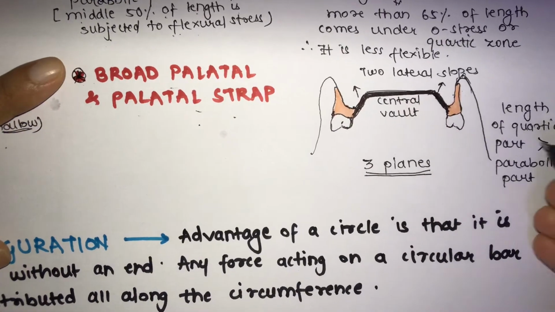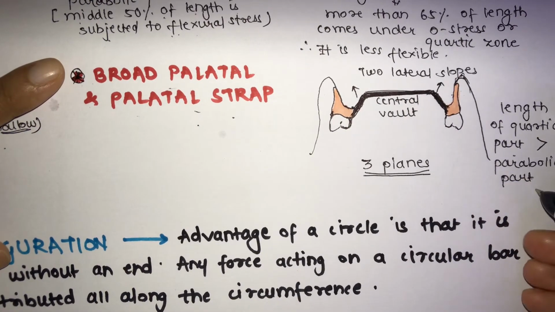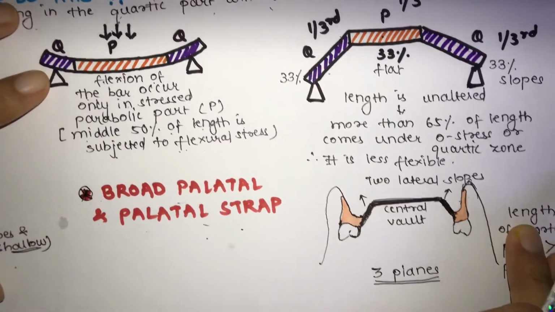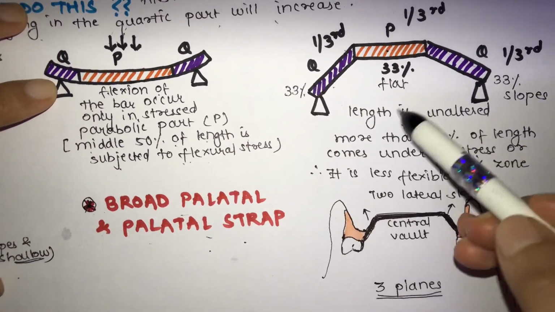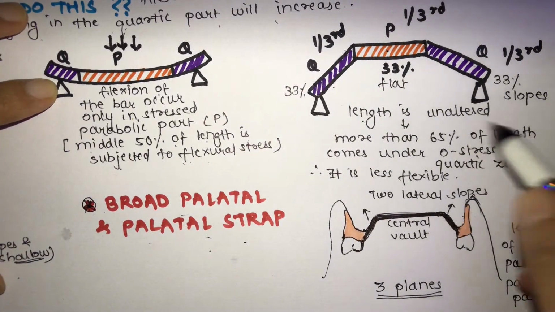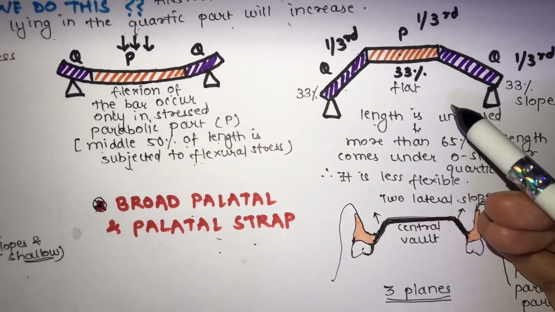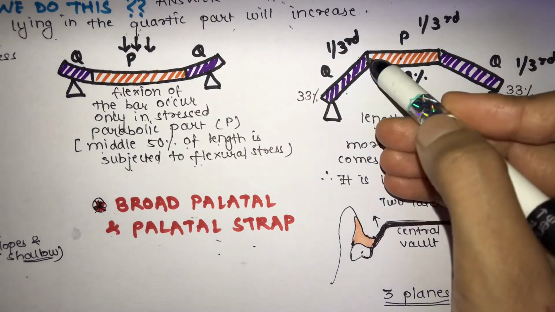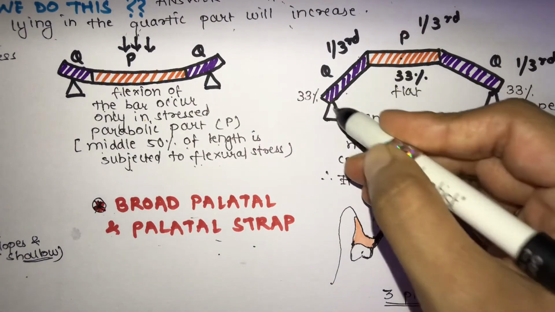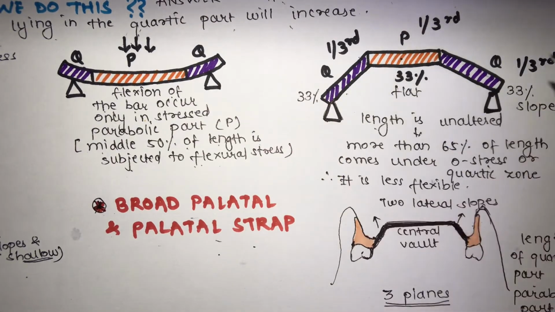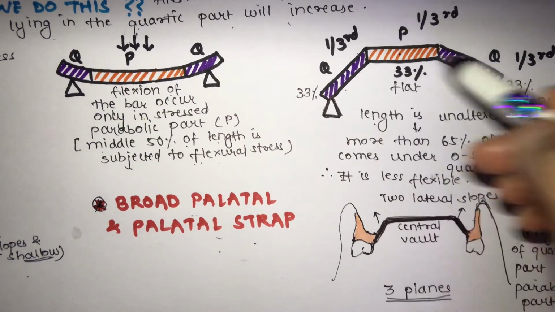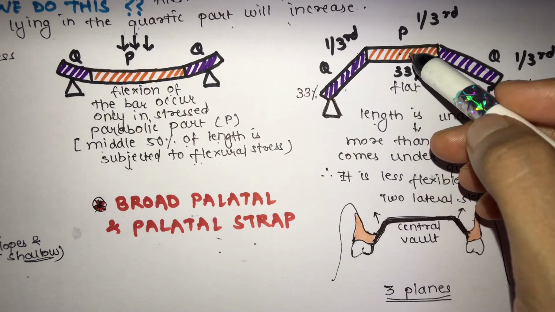And over here, the length of the quartic part is more than the parabolic. So this is how it looks. Over here, the length is unaltered, and what we are doing is bending this bar. When you bend this bar, the quartic part becomes more. And these are the supported ends. The quartic forms one third on either side, and the parabolic forms the center one third.